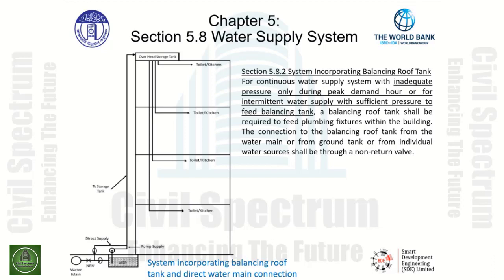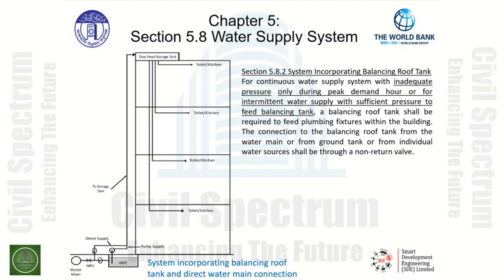Additionally, there appears to be enough pressure to provide a direct supply to the outlet of the pump and carry the water up dynamically under pressure to the overhead storage tank. And this is a system incorporating a balancing roof tank.